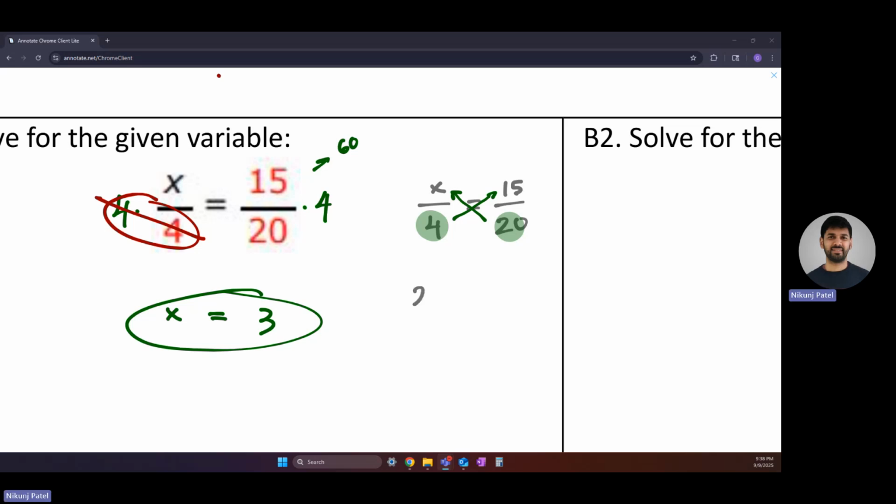So in this case, we'll have 20 times x equals 60. We just cross multiplied. 20 gets multiplied by x. 4 gets multiplied by 15, which gave us this 60, just like the 60 that happened right here as well.